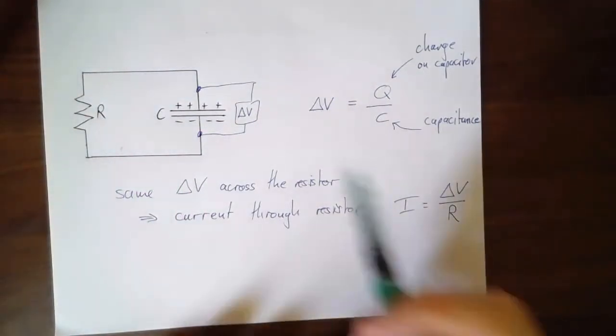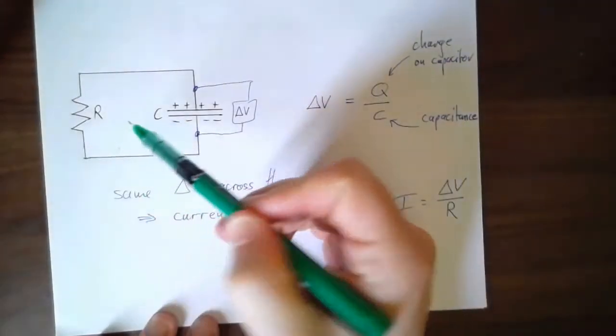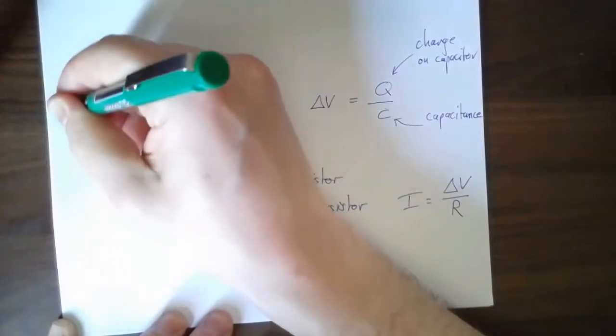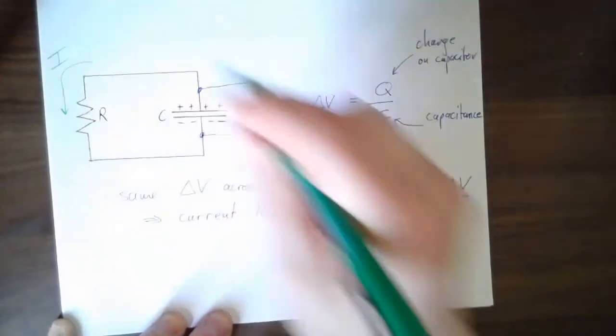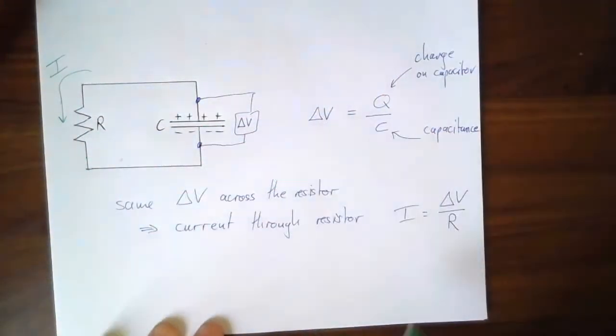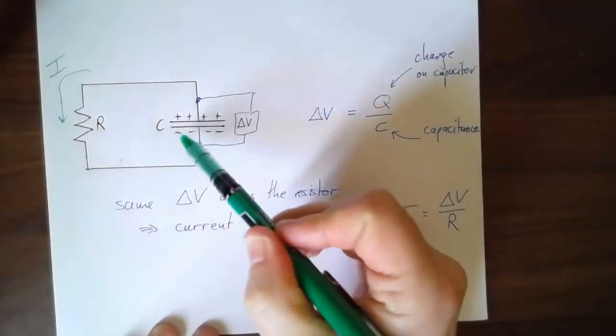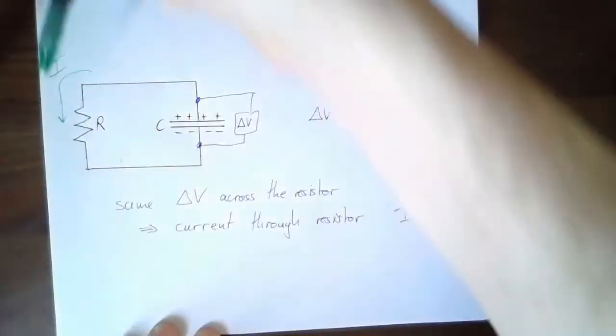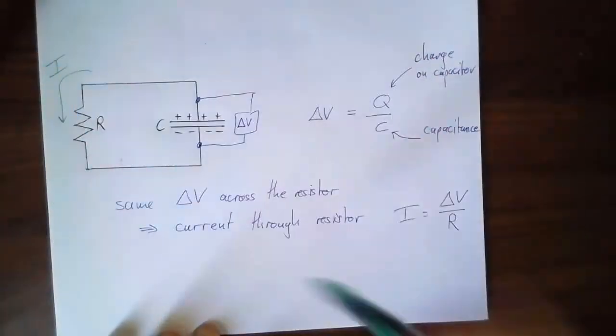Even though we know that really it's negative charges that are actually moving, the current is going this way, and then comes back into here. Really, it's the negative charges that go the other way, but negative charge going this way is the same as positive charge going this way.